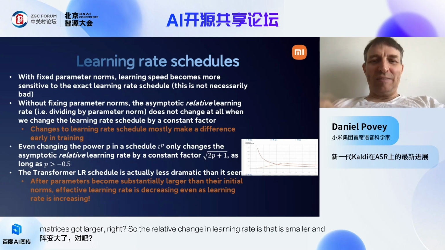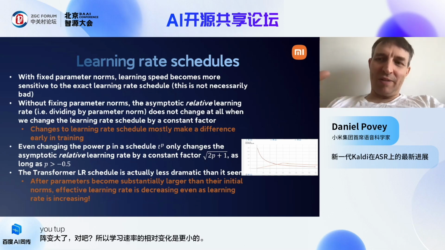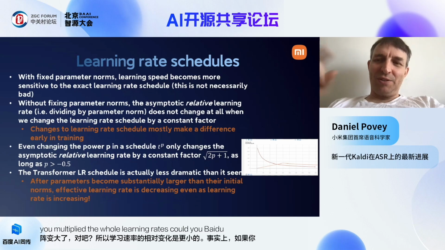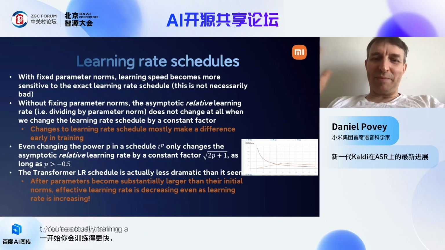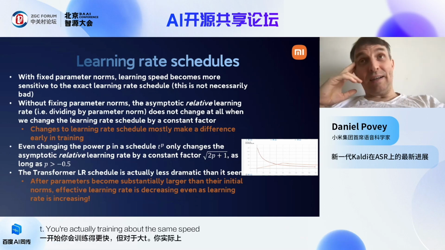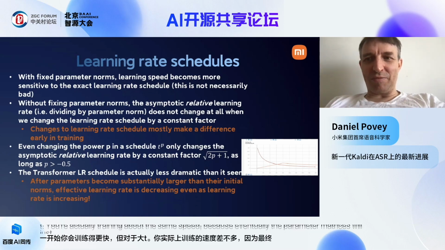And in fact, if you multiply the whole learning rate schedule by 2, you'll train faster initially, but for large T, you're actually training about the same speed because eventually the parameter matrices will just be approximately twice larger.